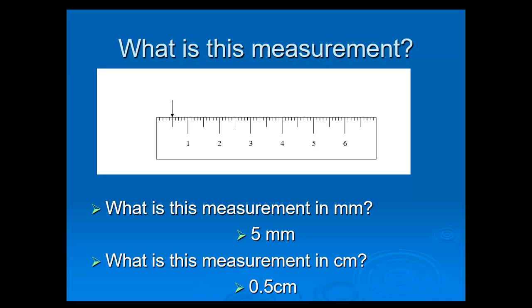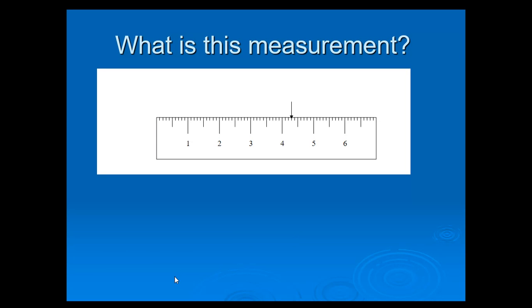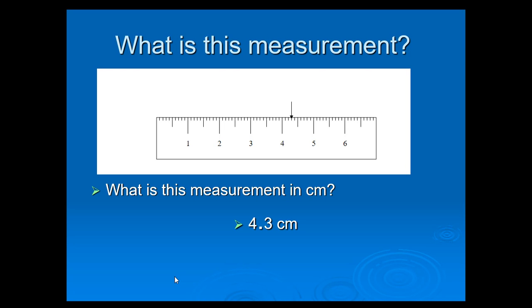Now let's try the next one. What's this measurement in centimeters? Start in centimeters this time. Remember, centimeters, we're counting by tens. I'll give you a second. Did you get 4.3 centimeters?